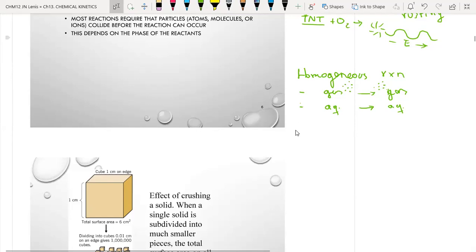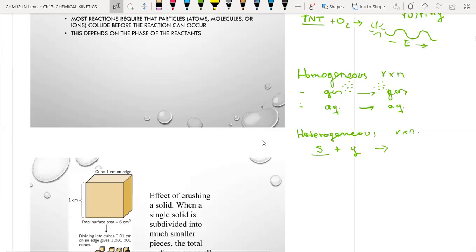However, when we have a heterogeneous reaction, that means we have, for example, solid plus gas. Now we are including another factor. How you present the solid in the reaction will affect the speed of the reaction.